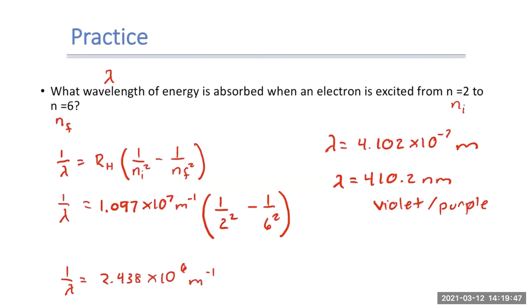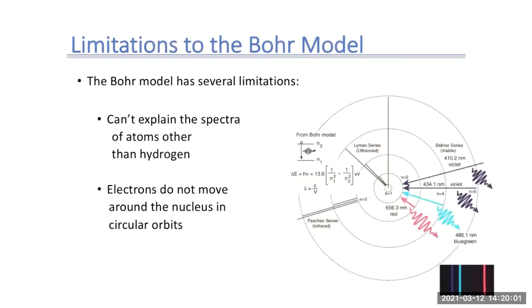Now, with our Bohr model, this works great for hydrogen. I can go between any energy level and figure out the wavelength for hydrogen. Only hydrogen. There are limitations to the Bohr model. There is a reason why Niels Bohr studied hydrogen.